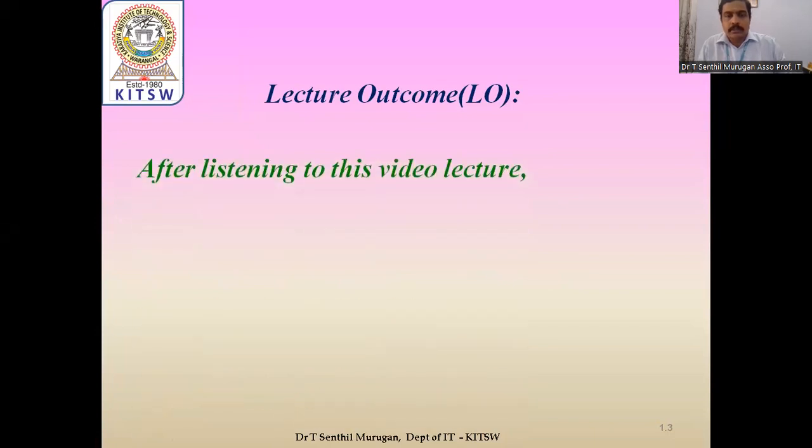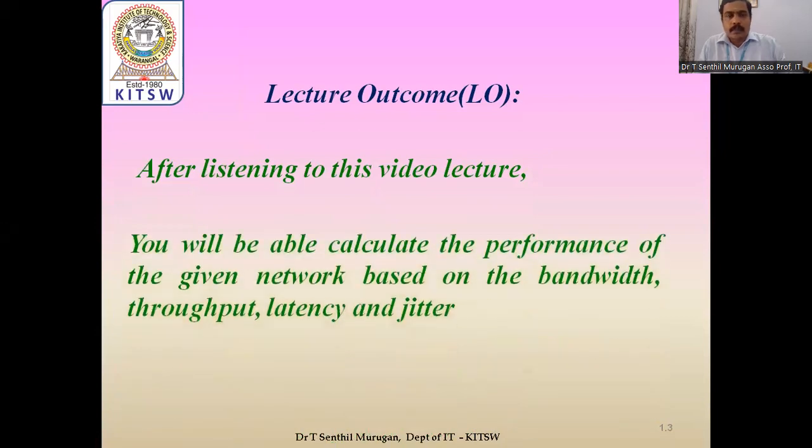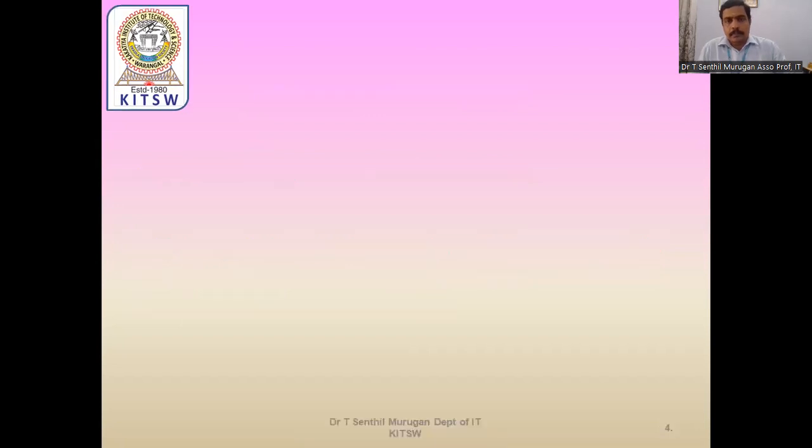After listening to this video lecture, you will be able to calculate the performance of the given network based on the bandwidth, throughput, latency, and jitter. That means in this video lecture, we are going to discuss what bandwidth is, how we can measure the bandwidth, and throughput, latency, and jitter.